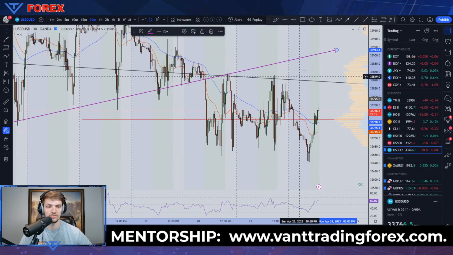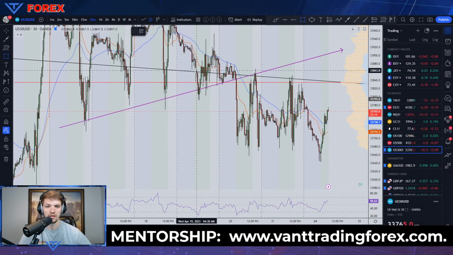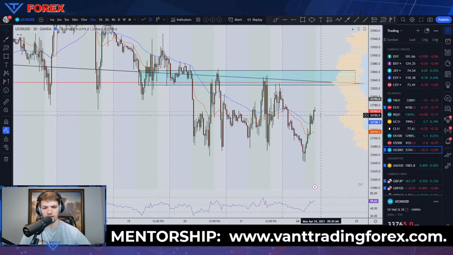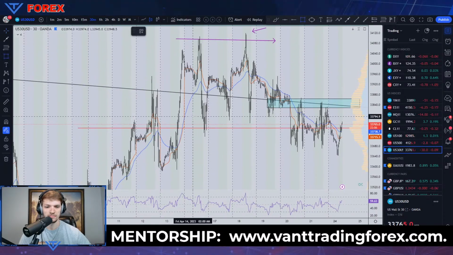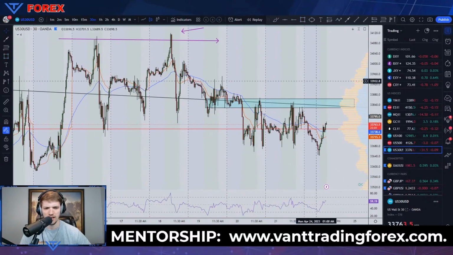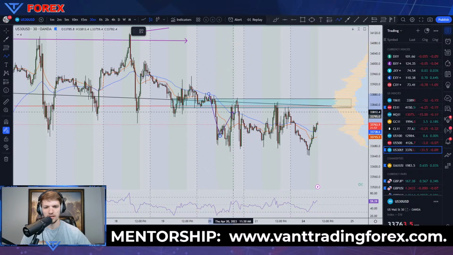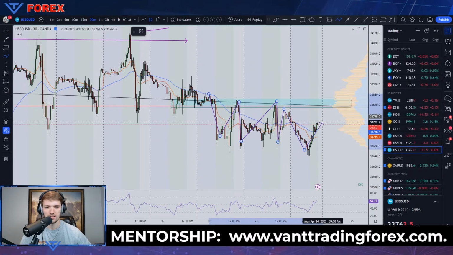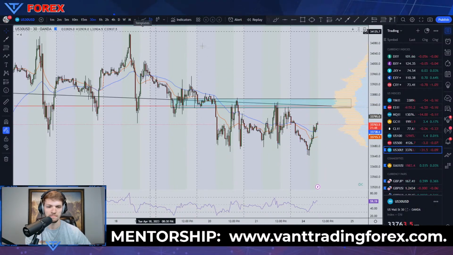So really anywhere below 33,840, anywhere below this area right here, I'm looking for sells. It's just simple. You have a break of structure to the downside, and so now we're just accumulating in this area to then potentially find a move one way or the other, and in this zone is going to be potential sells.